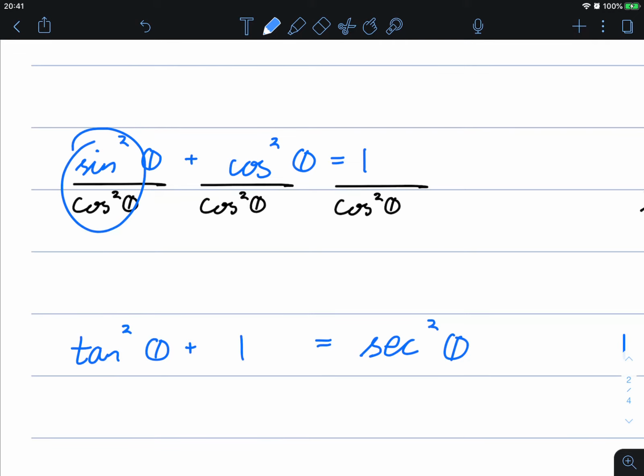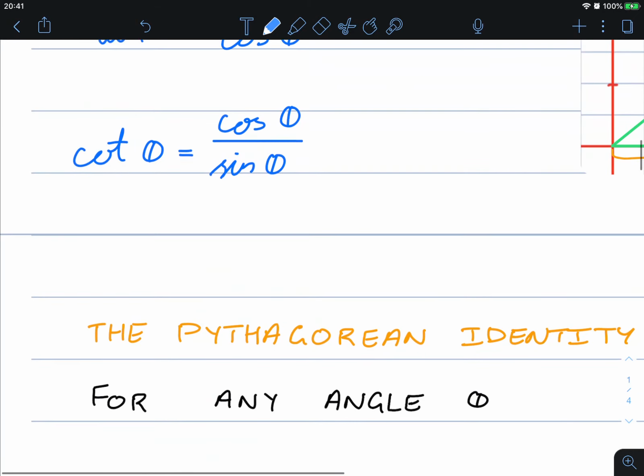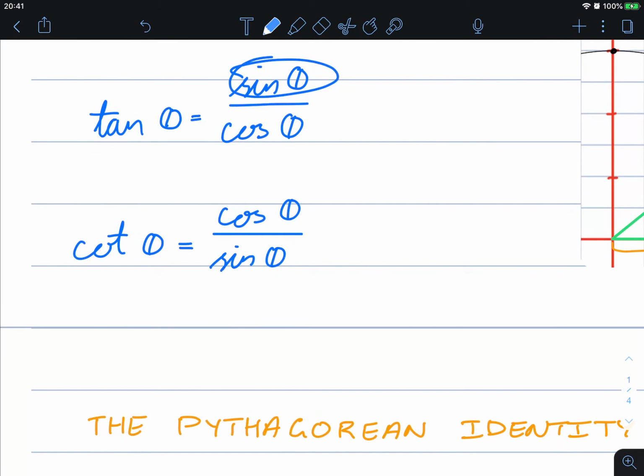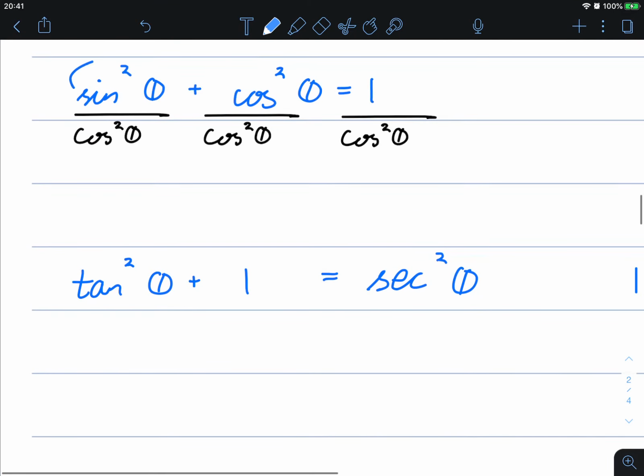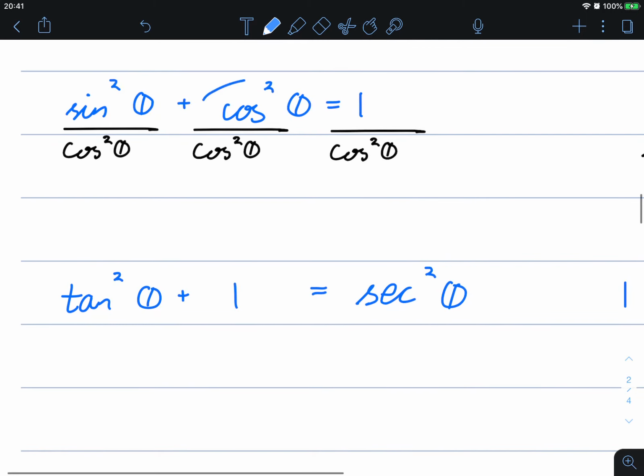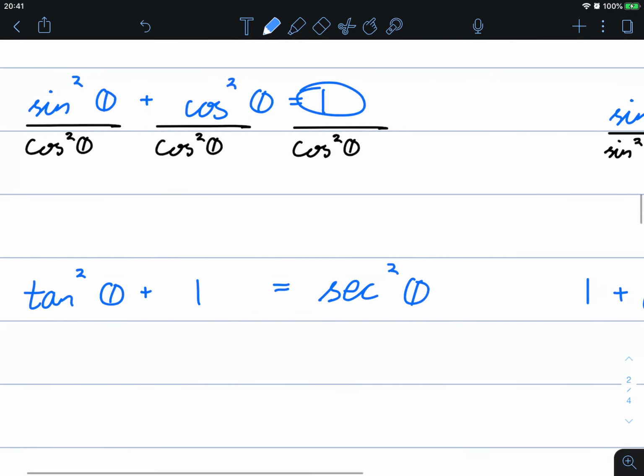Well, as we've seen from the tangent identity, sine over cos is just tan. So sine squared over cos squared is tan squared. Cos squared over cos squared, that's 1. And 1 over cos squared, well, 1 over cos is sec. So 1 over cos squared is sec squared.